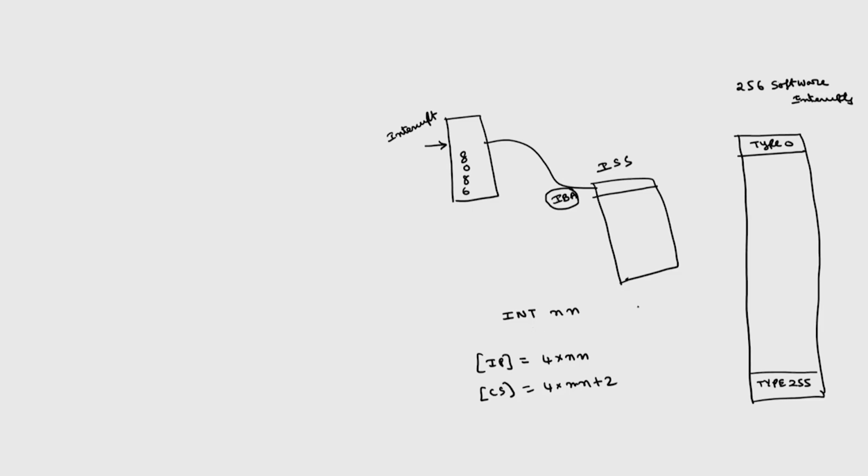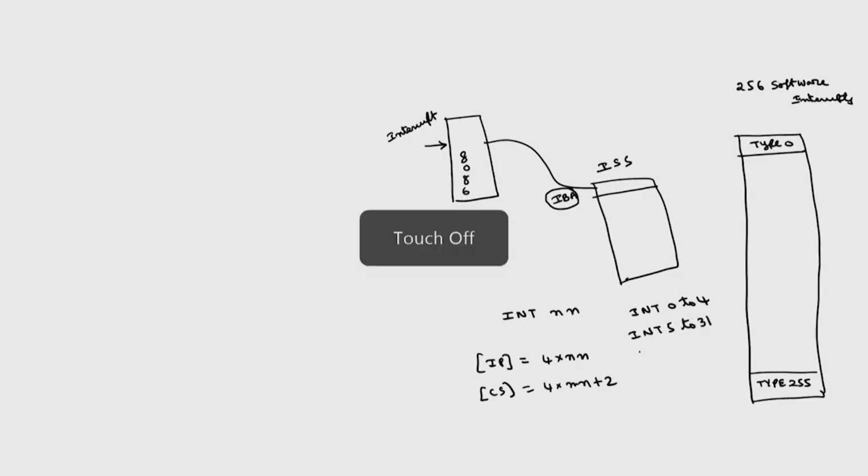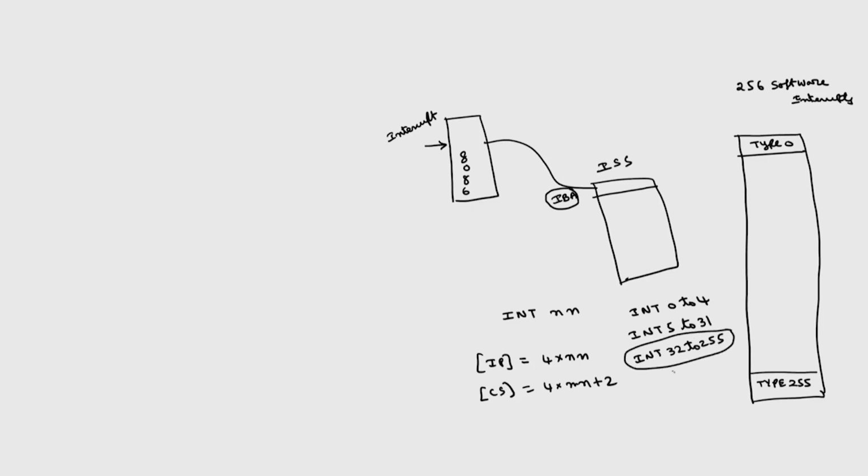In this, INT 0 to 4 have special purposes, and INT 5 to 31 are reserved. So only INT 32 to 255 are allocated for the user for external use.